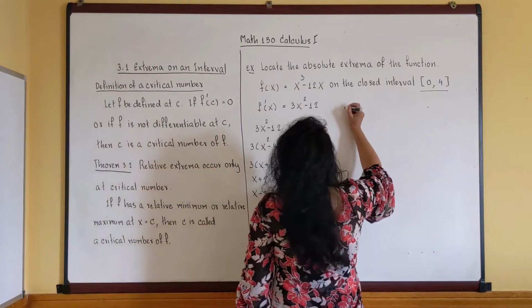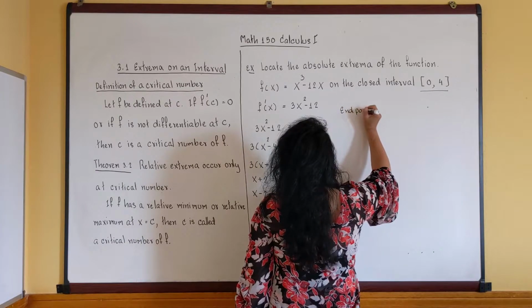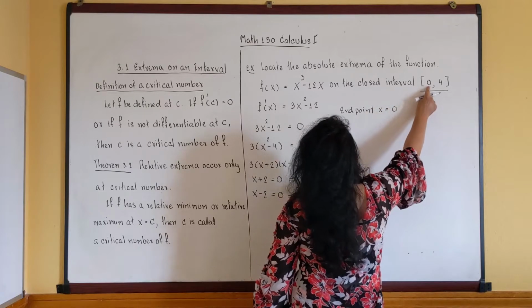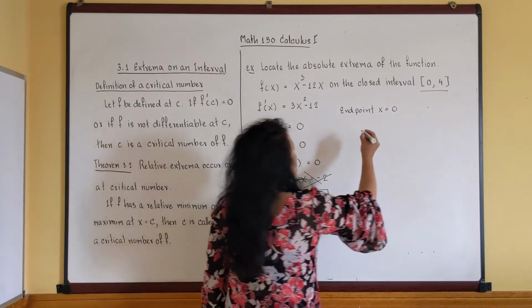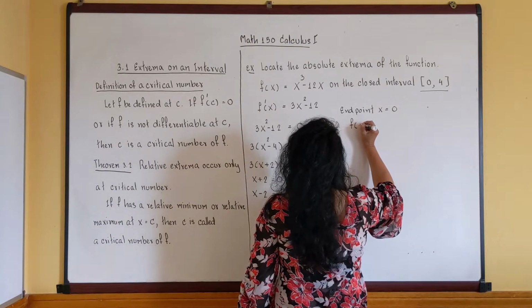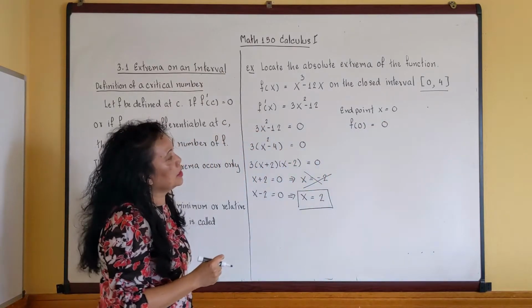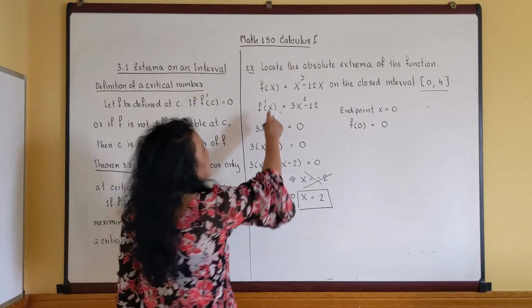So the endpoint, x equals 0. You're going to substitute into the original function. So f of 0, you're going to have 0. What it means is if x equals 0, y equals 0 on the graph of this function.